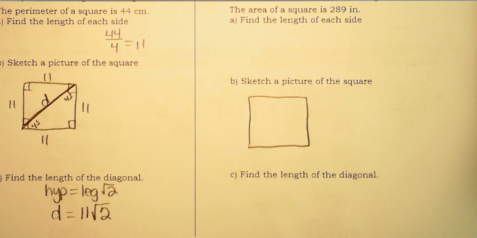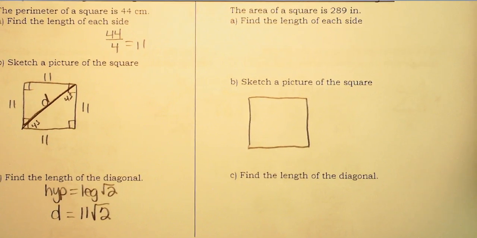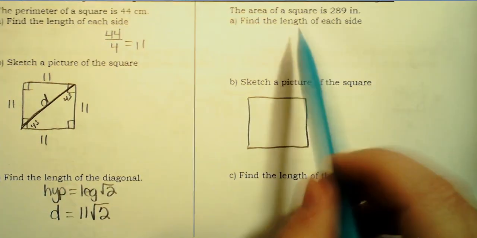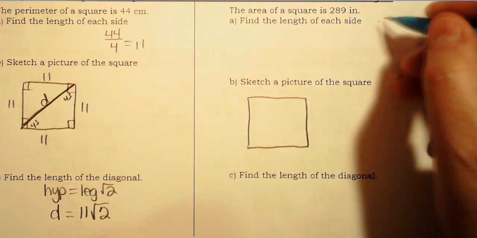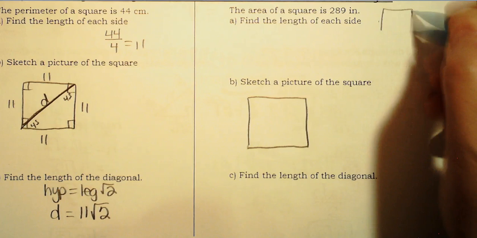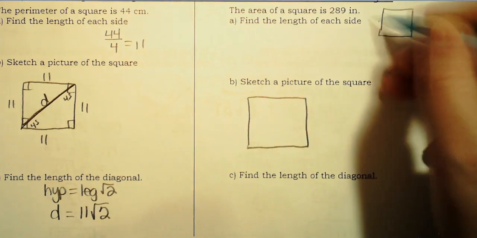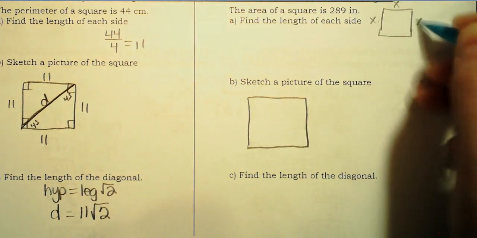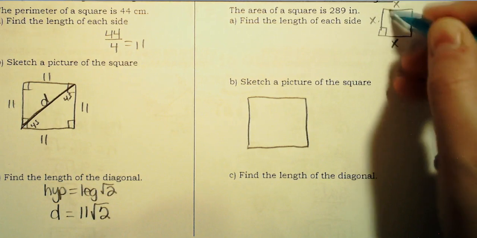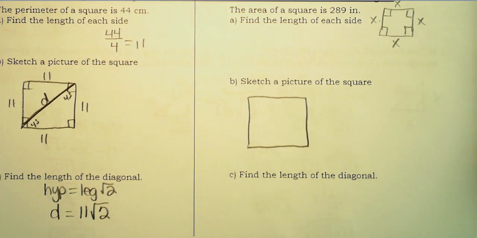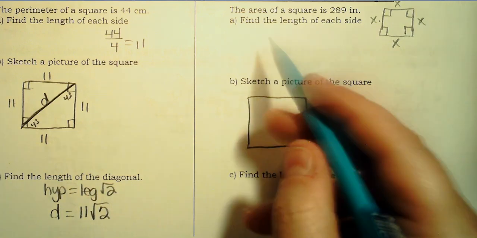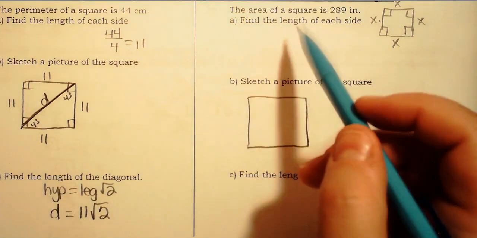If I slide over to the right side example, this now says the area of a square is 289. Now, I know we're going to draw a picture down in the bottom, but let me just draw a quick reference here really quickly. If you have a square, all the sides are the same, and this always throws people off, but I'm giving you here not the perimeter, but the area.